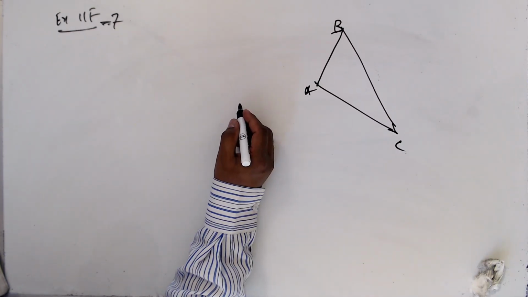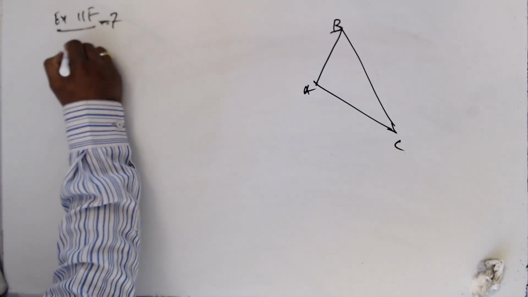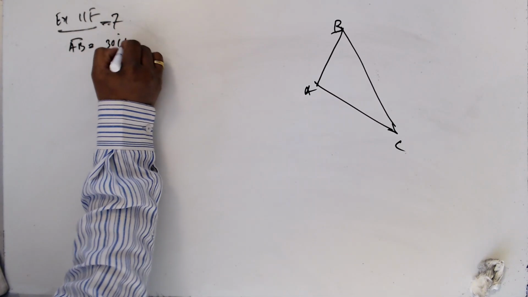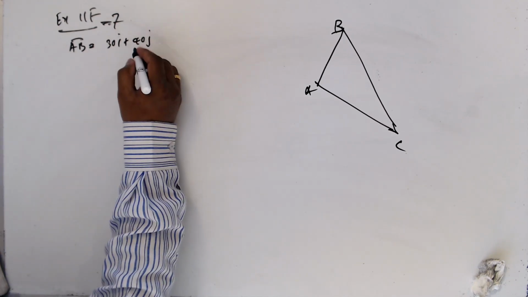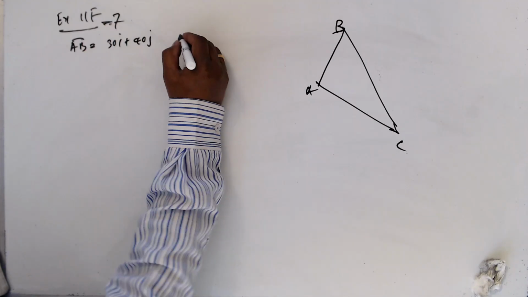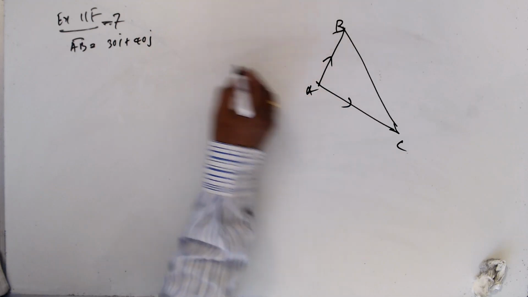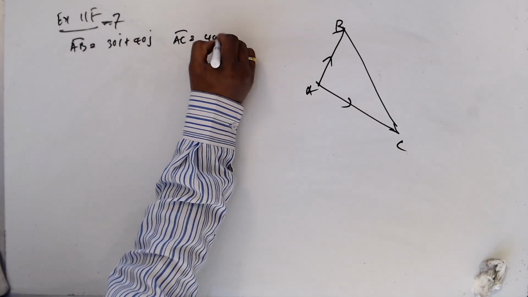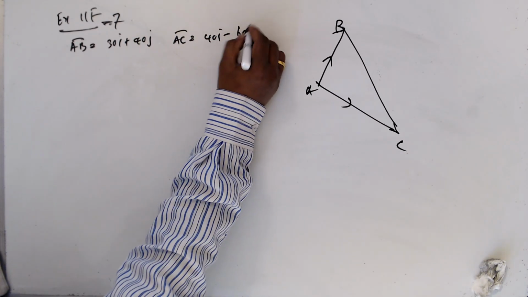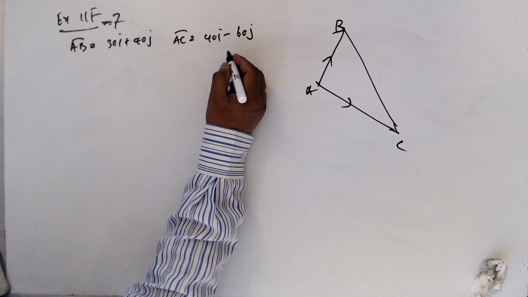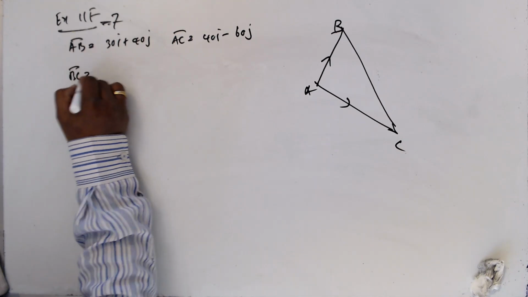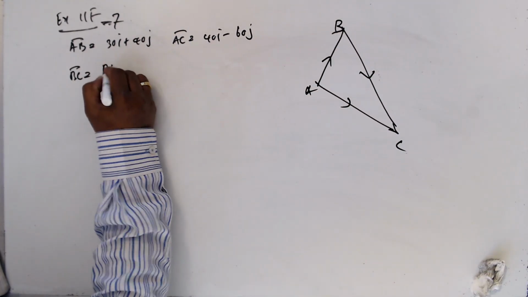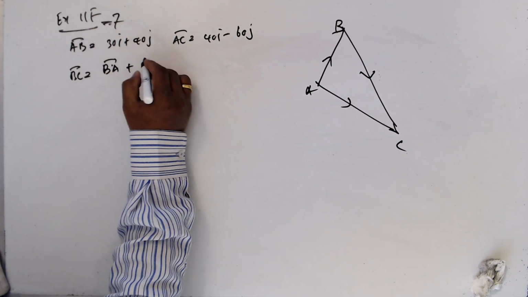Question number 7. AB is 30i plus 40j. AC is 40i minus 60j. We want to find BC. BC means BA plus AC.